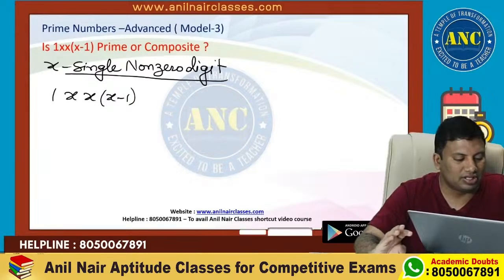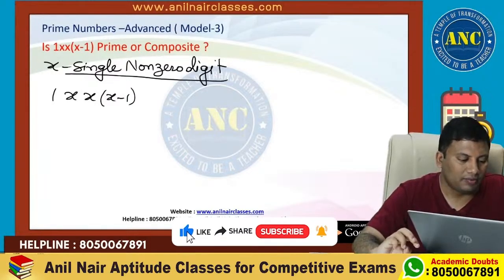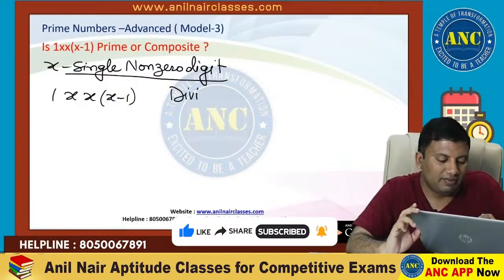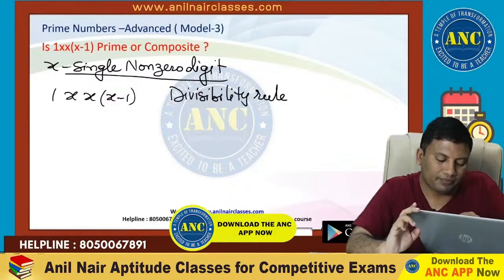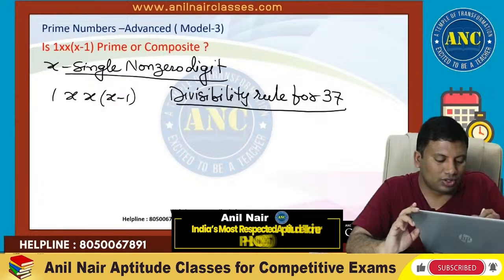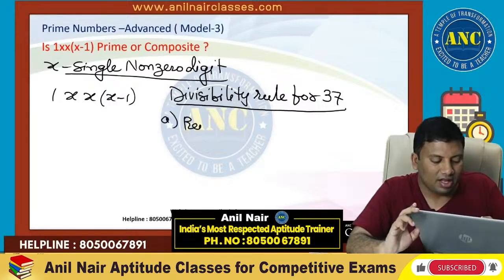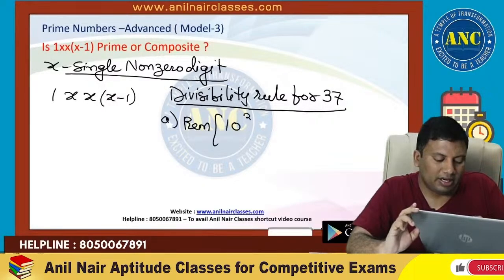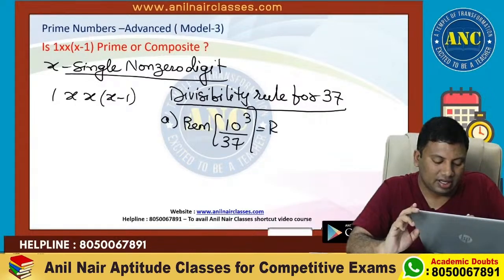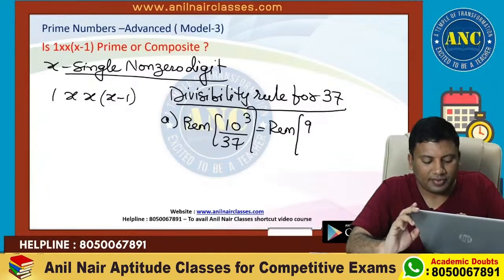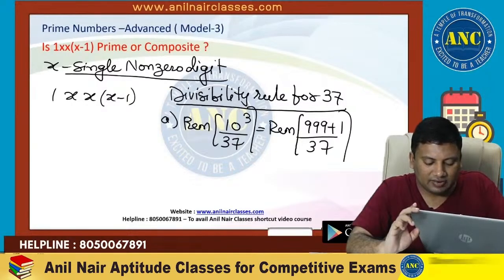Now there is a concept of the divisibility rule for 37. There are two concepts you should know. First one, remainder of 10 cube divided by 37. 1000 divided by 37 is nothing but 999 plus 1 when divided by 37.